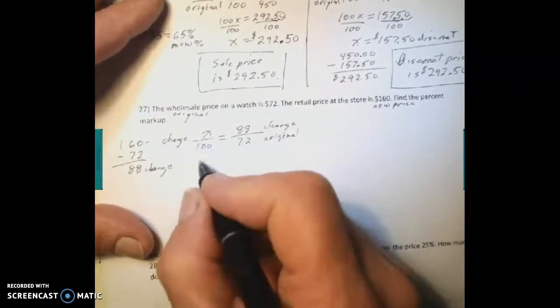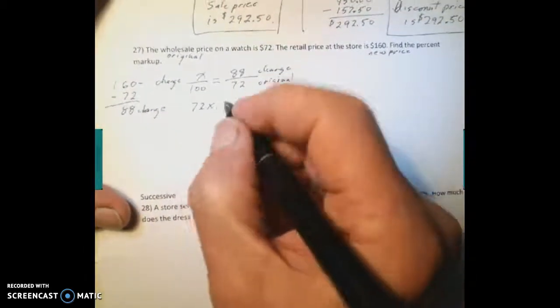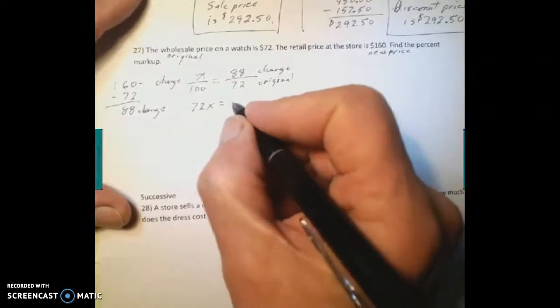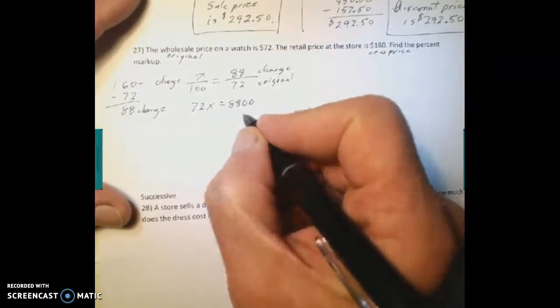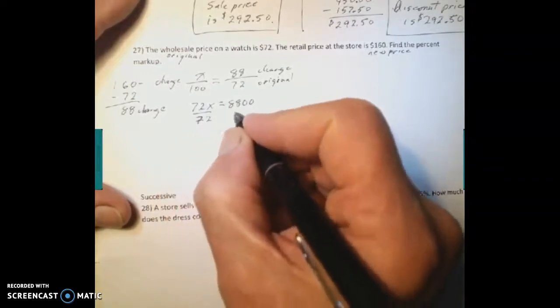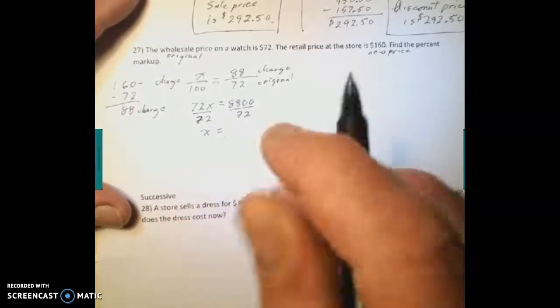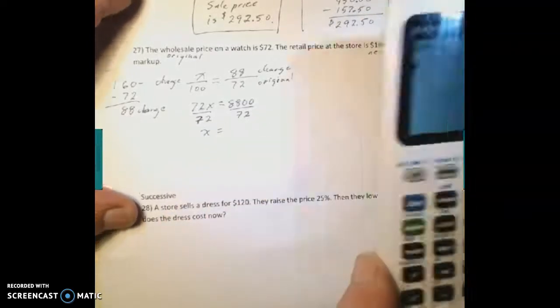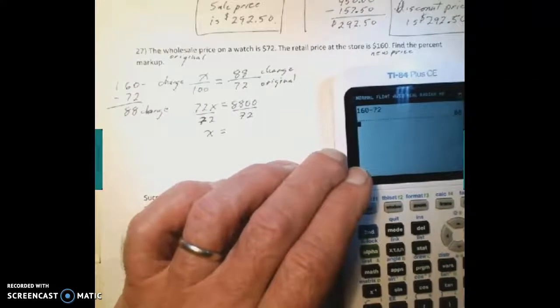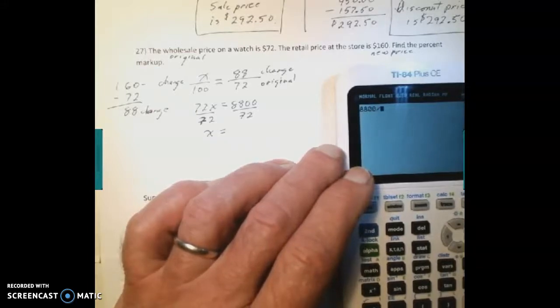So cross multiply, I get 72x equals 8800. Divide by 72. On this side you get x. This side, time to go to the calculator again. 8800 divided by 72.